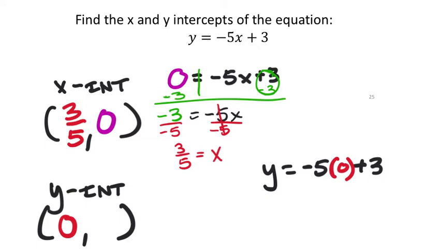This makes solving for the y-intercept very easy, because 5 times 0 is 0, and then I would simplify this into y equals 3. Of course our y-intercept is still an ordered pair, so we show it as (0, 3).